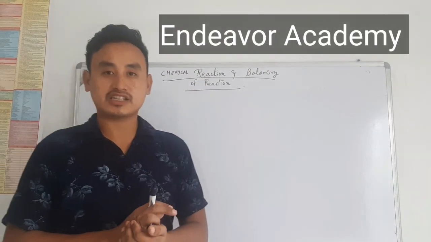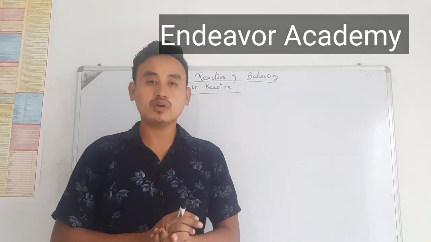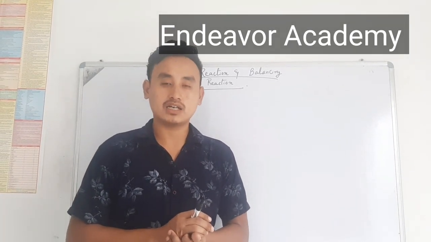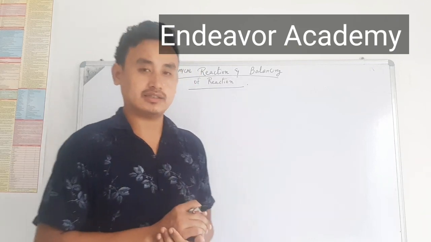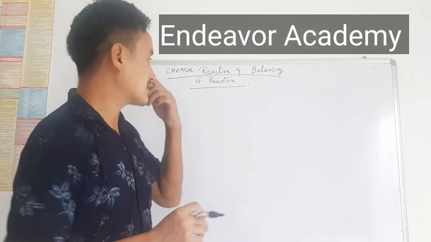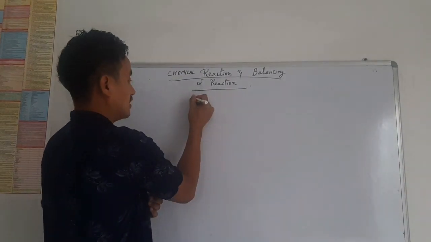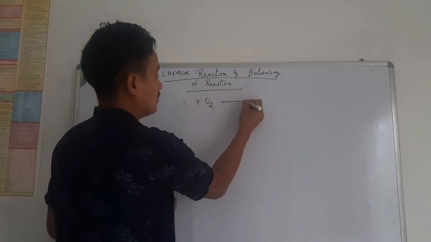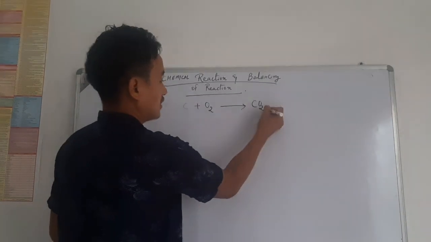A chemical reaction is a reaction in which the reactants react to give a product. Now, what is a reactant? Take an example of a chemical reaction: carbon plus oxygen will give carbon dioxide.